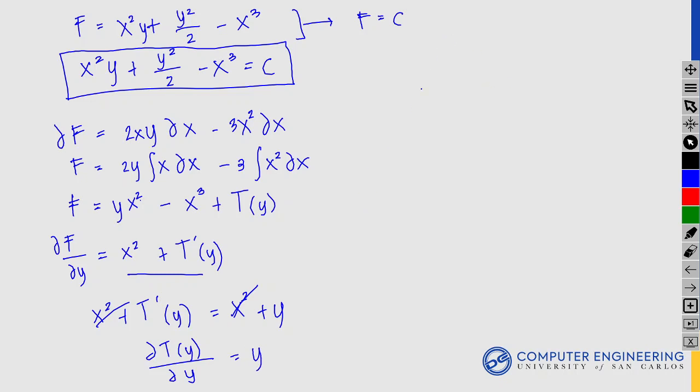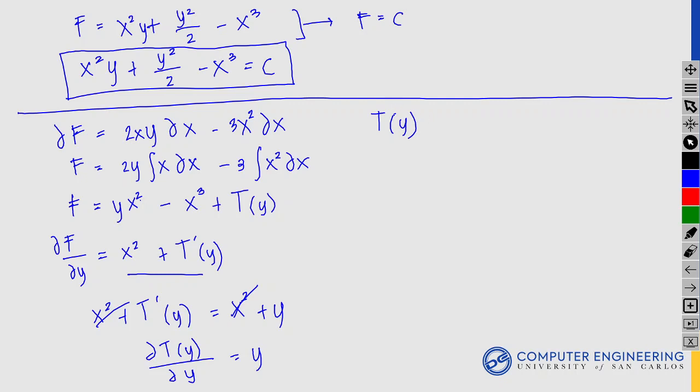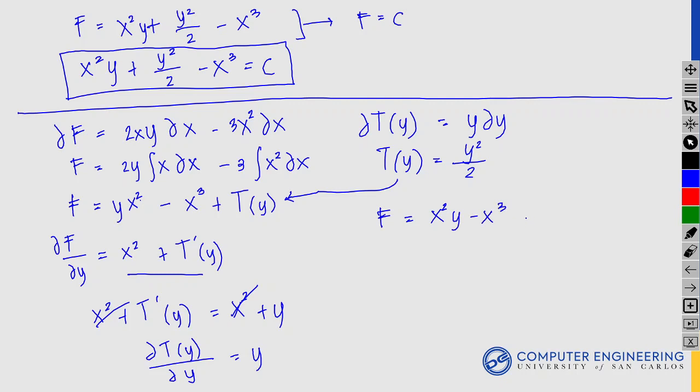Integrating, t of y is equal to y squared over 2. We substitute this here. We have f is equal to x squared y minus x cubed plus y squared over 2.